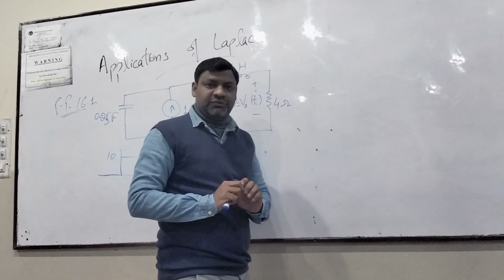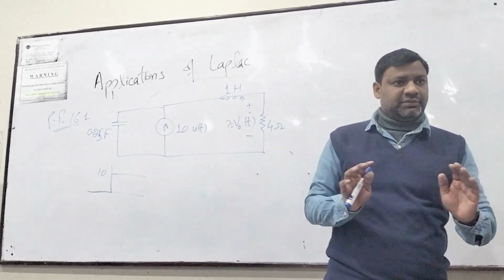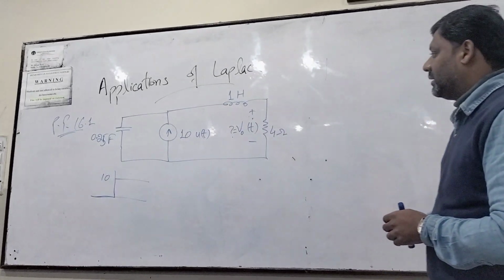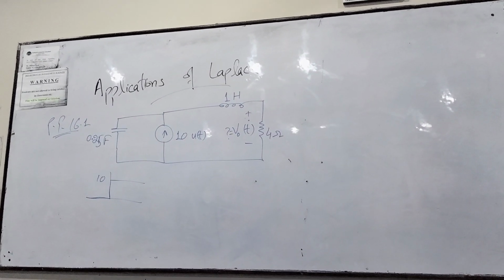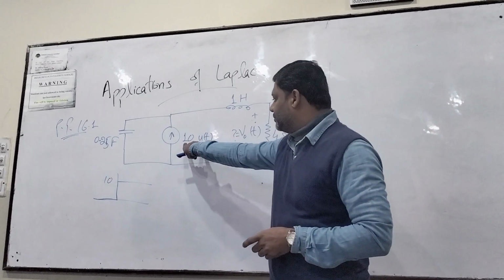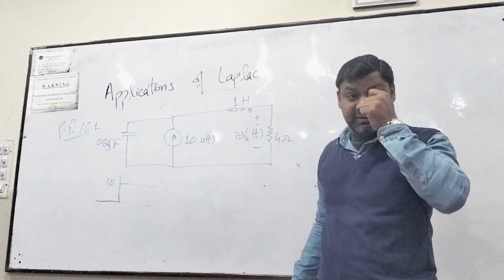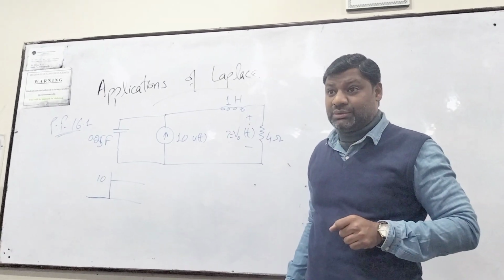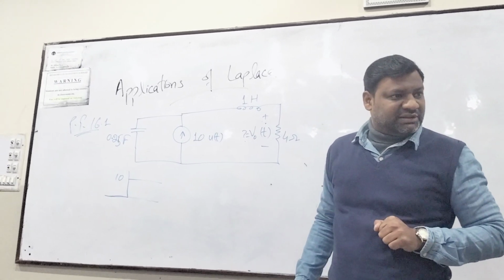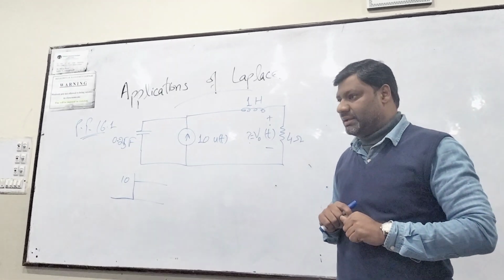So, forget about the Laplace. If you are free to choose any method, then do so. This current source is not sinusoidal, so you are not going to consider phasors. Phasors were the translation of sinusoids.